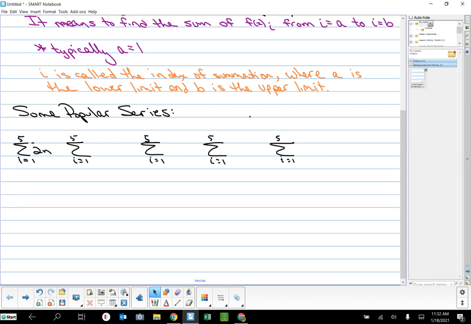See, I'm so used to, I put n's in my notes too. Let me get rid of that. That needs to be an I. All right, and then 2i minus 1, and then i squared, and then 2 to the i, and then i exclamation point. And we'll talk about what that means if you haven't ever seen that in math.